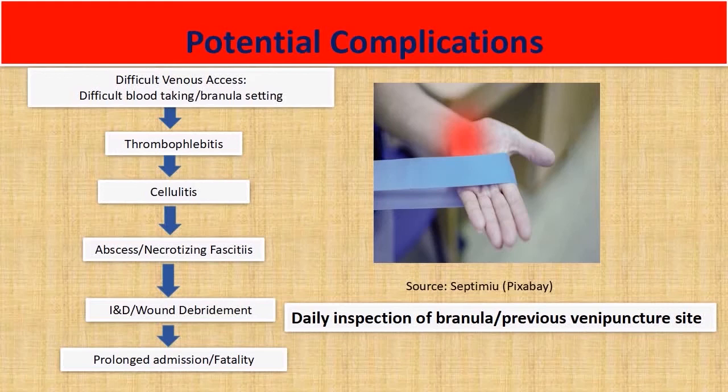If the thrombophlebitis were missed by the doctors, the patient is going to deteriorate because a simple thrombophlebitis has the potential of developing into a cellulitis. If again no proper actions were taken, it may eventually lead to abscess formation, or in very rare events, they may develop necrotizing fasciitis as a result.